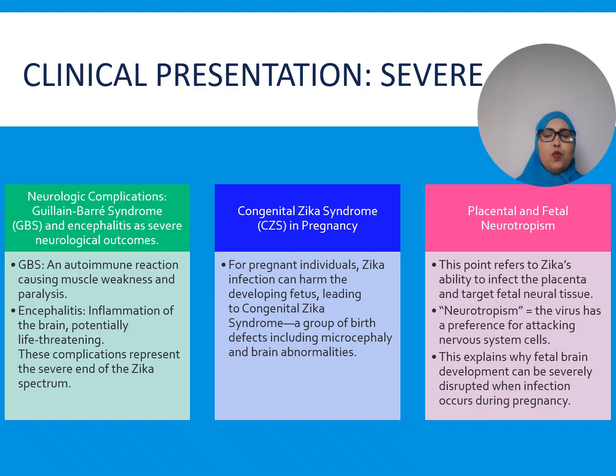Guillain-Barré syndrome paralyzes the person, and encephalitis is inflammation of the brain. Guillain-Barré syndrome is an autoimmune reaction that causes muscle weakness and paralysis.